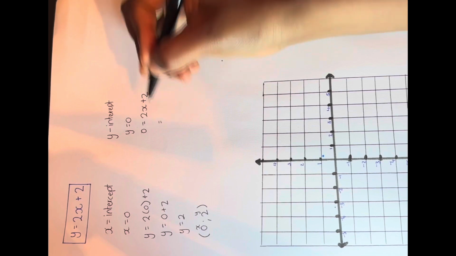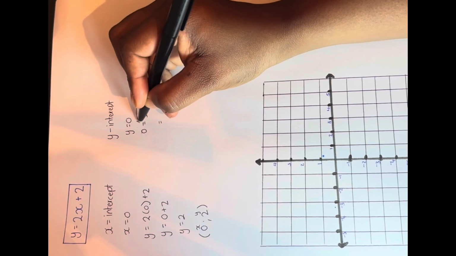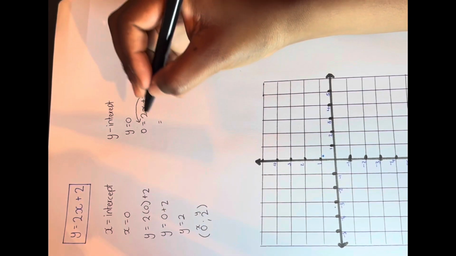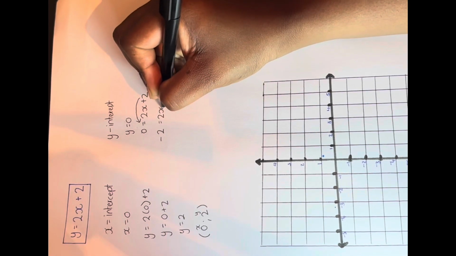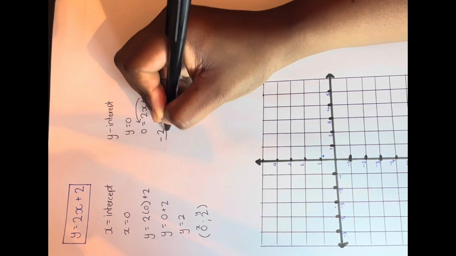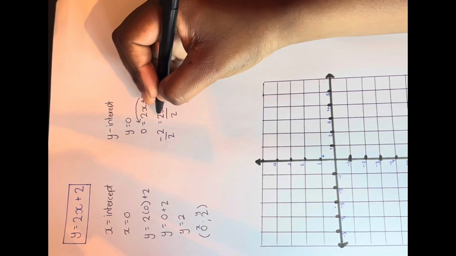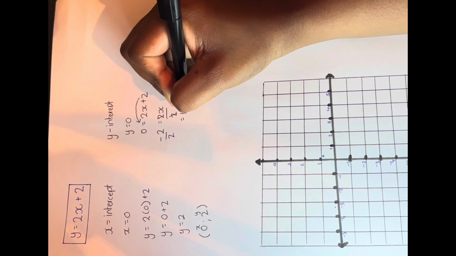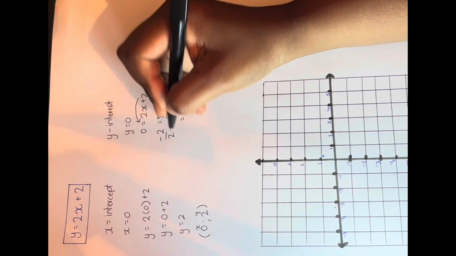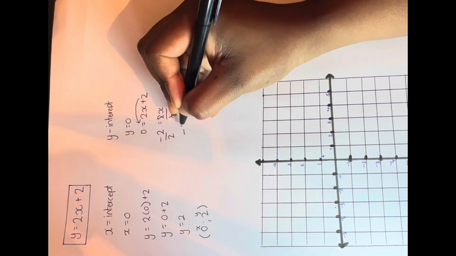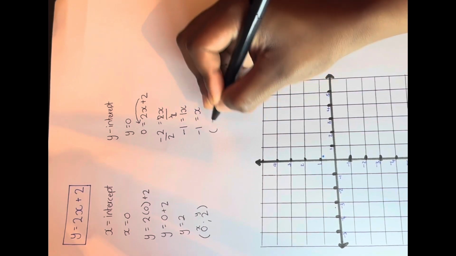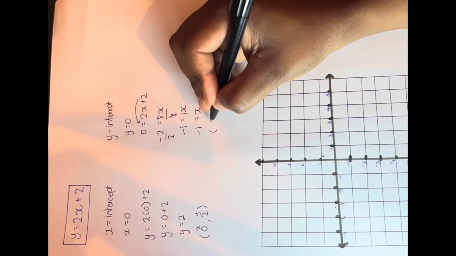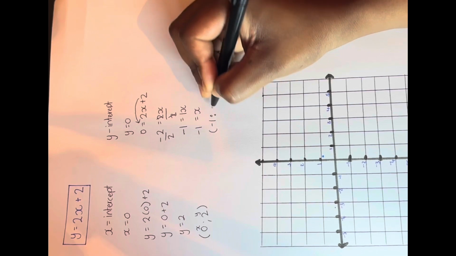Then we move the 2 over the equal sign, which makes it -2, and we remain with 2x. We divide both sides by 2. 2x divided by 2 is x, and -2 divided by 2 is -1. Therefore, x equals -1. So the coordinates are -1 and 0.